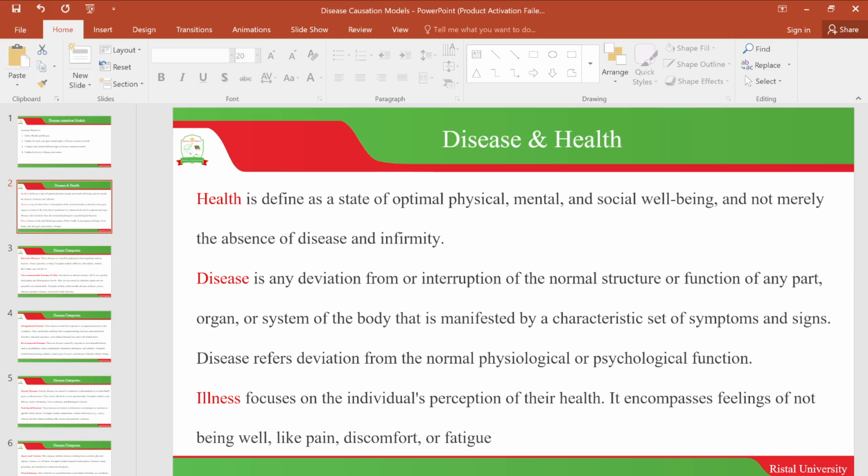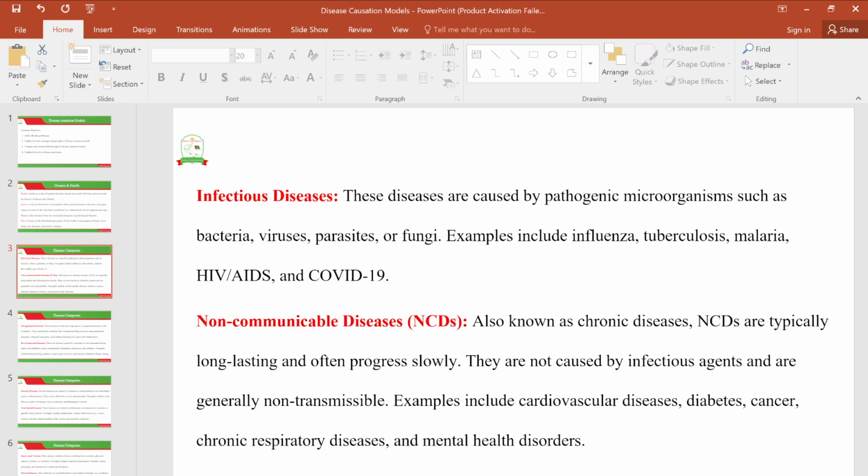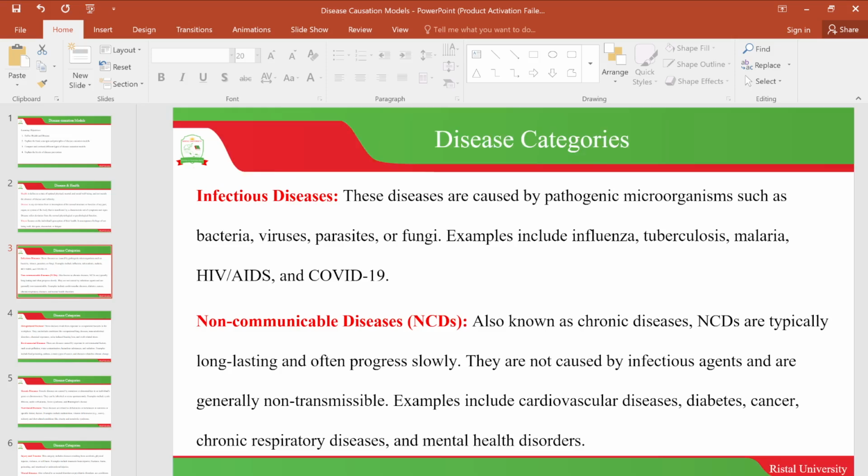Okay, so that means you can feel unwell, but there is no particular diagnosis or disease that is being ascribed to you. Okay, so that is a possibility that can happen. Okay, so we have different diseases, and it is very important for us to know the different categories of these diseases.